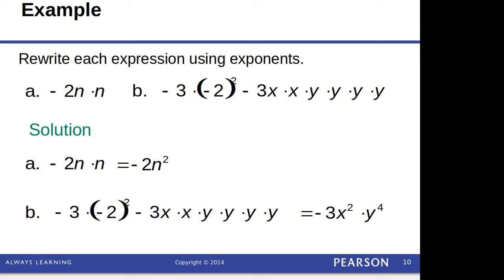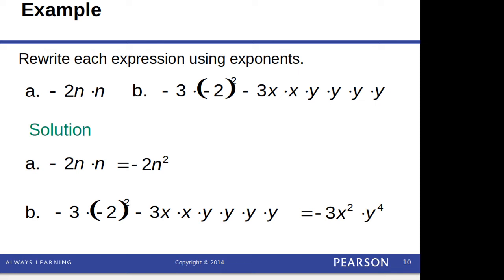Because anything times 1 is itself, so we don't write those, but they hide there. And when we think about this negative sign in the front, I like to think of it as a multiplication by -1. That way I put it in the correct place. So it has a negative sign in front, and they have nothing multiplying to get rid of it yet.